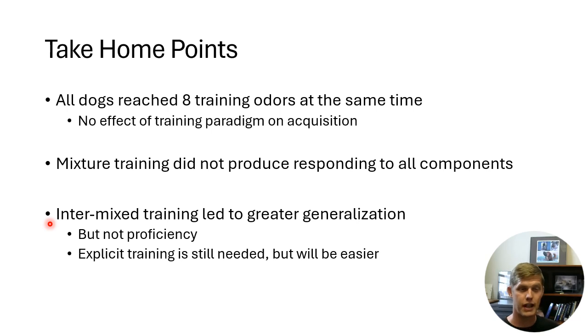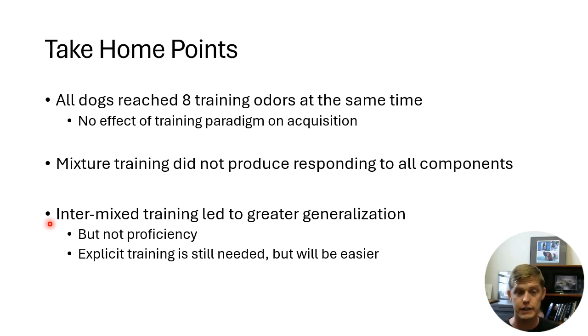The better generalization came from intermix training. So intermix training led to greater generalization, but it didn't lead to proficiency. In other words, you can't just intermix train these 4 odors and have the dogs find all 14 varieties, no problem. They would have a higher probability or a greater change of behavior, as we measured by sniff time.